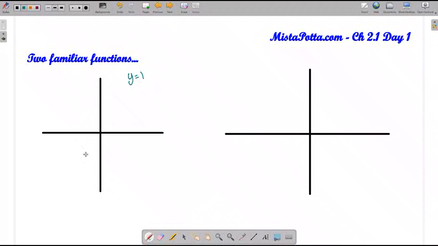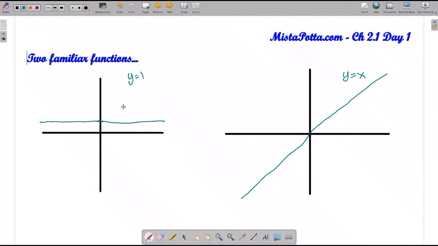And of course, the graph for y equals 1 is just going to be a horizontal line that passes through the y-intercept of 1. The other parent function I want to talk about is y equals x. And this is just our parent function of a linear. So I've got a line with slope of 1 that passes through the origin.